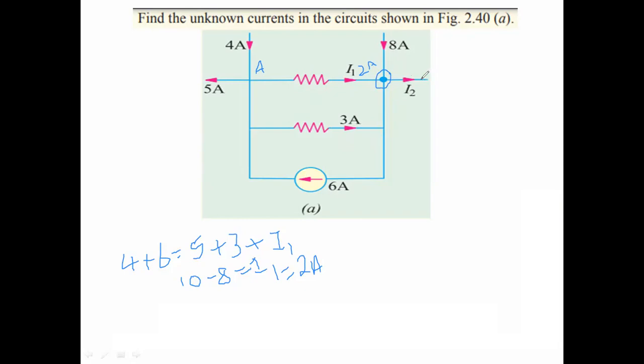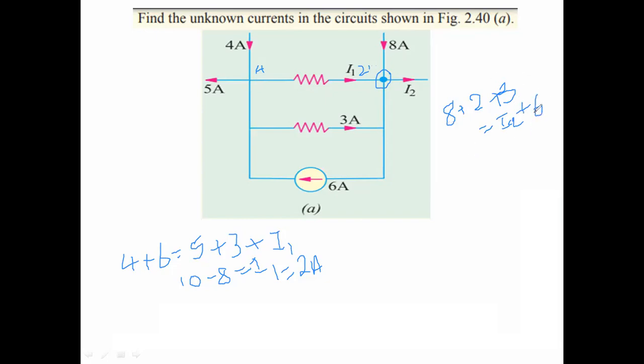So the incoming current, I1 which is 2 amperes plus 3 plus 8, equals 13, and that is equal to the outgoing I2 plus 6.